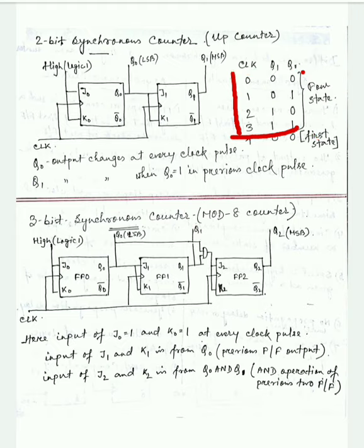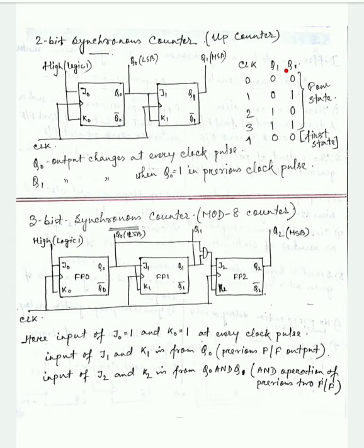If we convert these values into binary, we get 0 0 means 0, 0 1 means 1, 1 0 means 2, 1 1 means 3. So if we convert these bits into a binary sequence, we get the clock pulses this way: 0 1 2 3.